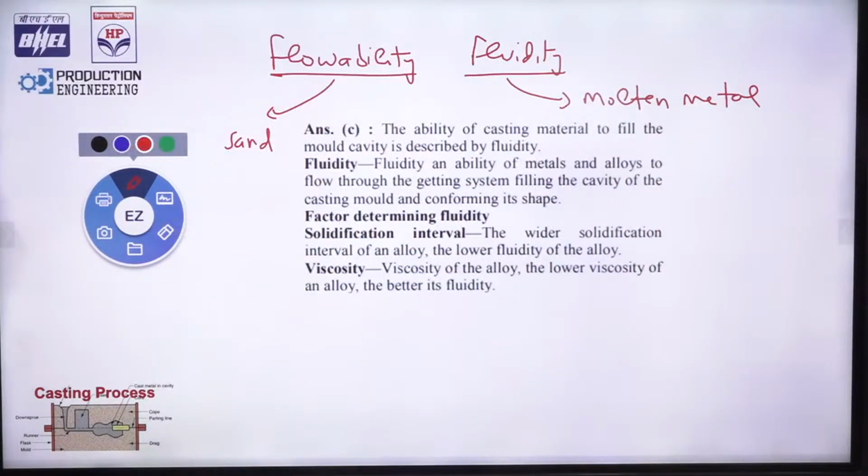Fluidity and flowability. So it is the ability of molten metal to flow through the gating system and fill the cavity.